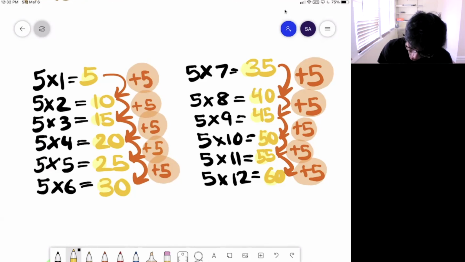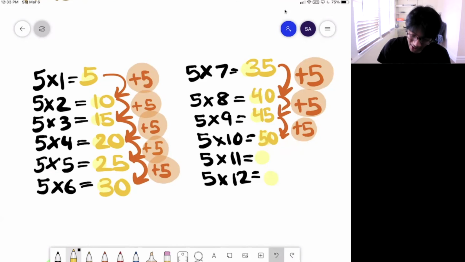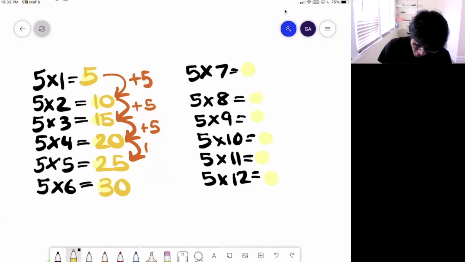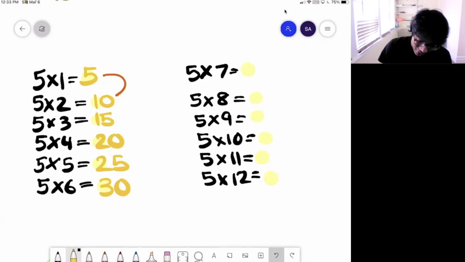So now, let me go ahead and do that again without all this complicated plus 5 stuff. So we're going to write all of this out without the plus 5. We're going to try to do it in our head.